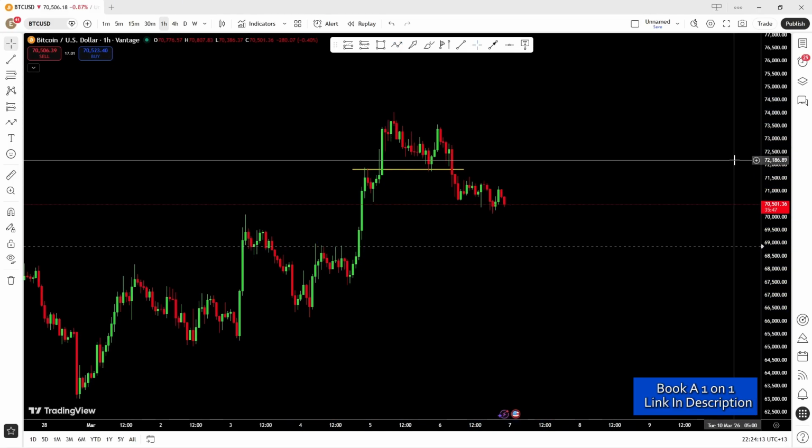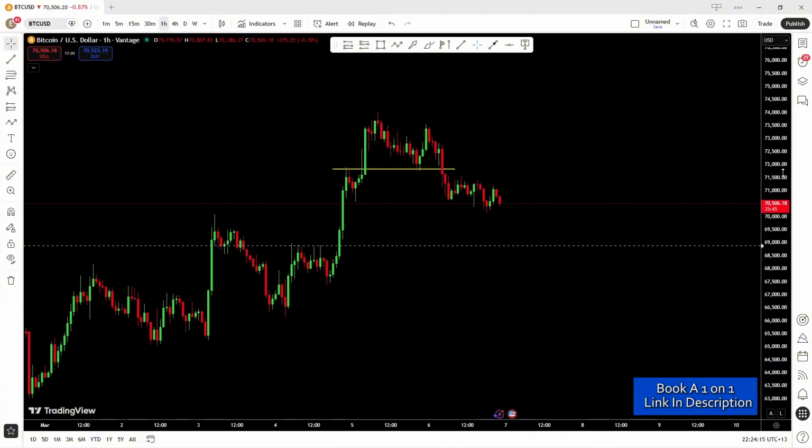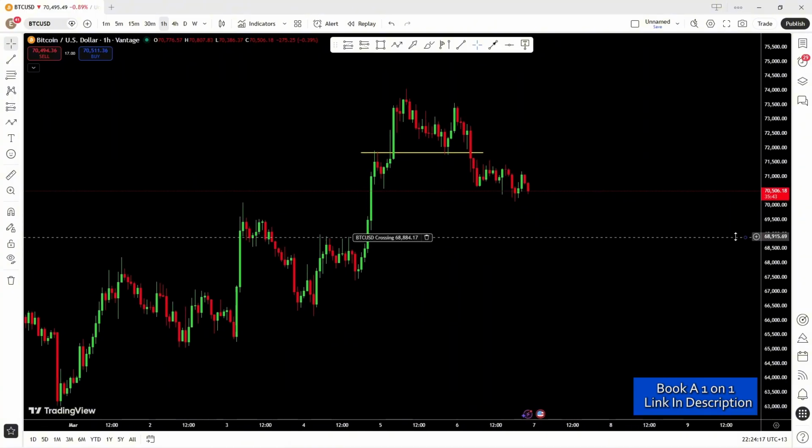So as I say, sit on your hands and wait for price to come to your level. Set a TradingView alert. It's all free. You get 3 free TradingView alerts if you're on the basic plan, the free plan. And simply you just wait for price to come to those levels, wait for rejections, and then get in, and just repeat the process over and over again.